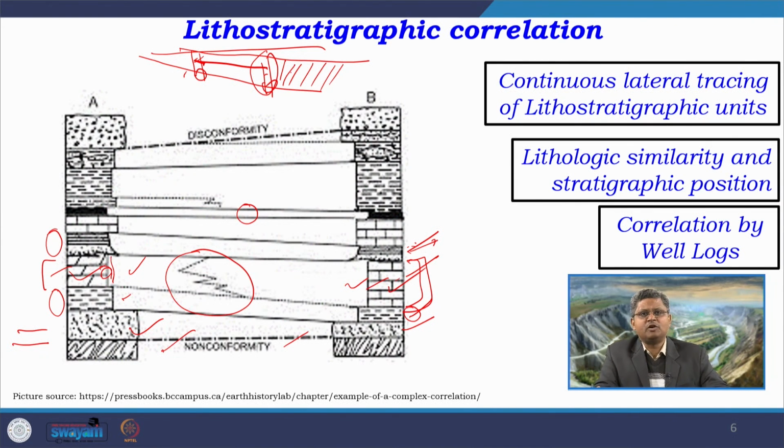Lithostratigraphic correlation straightaway gives us an idea about the lateral distribution of different litho units, and many times these litho units are nothing but different facies or assemblages of facies or maybe depositional systems. So through lithostratigraphic correlation we straightaway get an idea about the distribution of different depositional systems across the basin.